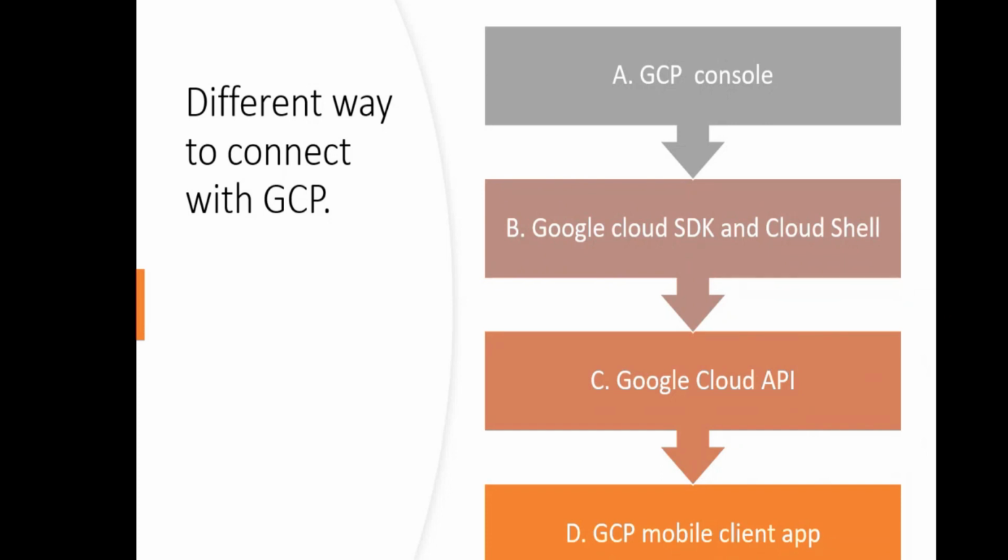There are 4 different approaches to connect with Google Cloud. First is the GCP console. Second is the GCP Cloud SDK and Cloud Shell. Third is the GCP Cloud API. Fourth is the GCP mobile client app. Right? So let's understand these 4 types of connections with GCP.